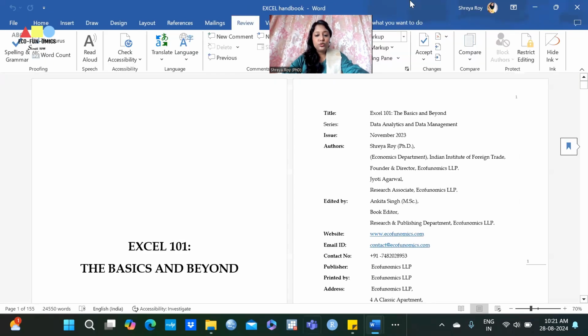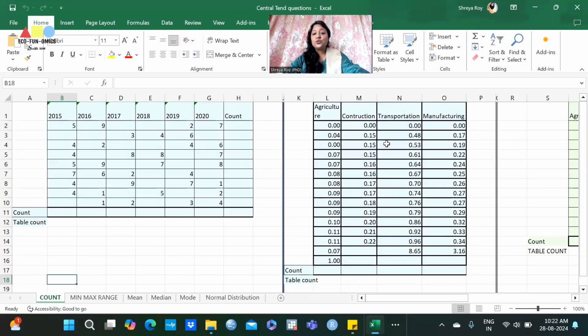And now let's move to the Excel part. So the first thing that we are going to learn today is count. Count basically is needed, and I'll give you a very good example. My supervisor, when we were working on a topic, artificial intelligence, asked me how many missing values are there.